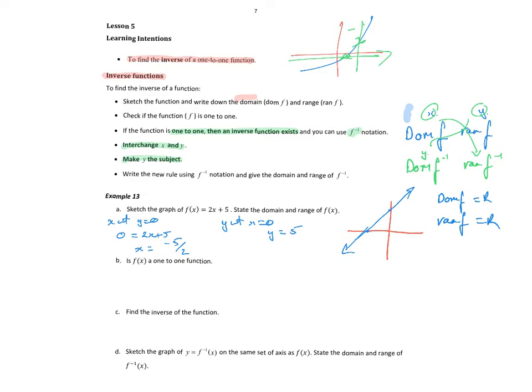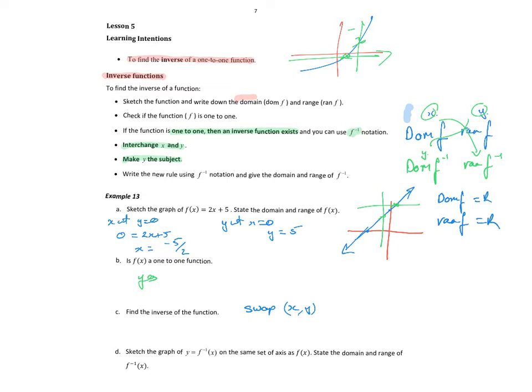Is f of x a one-to-one function? Well, let's do a vertical line. It crosses once, yes. A horizontal line anywhere crosses once, so yes. Find the inverse. To find the inverse, I swap x and y values.